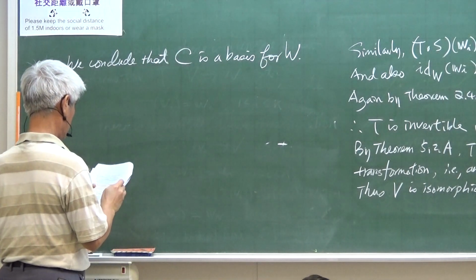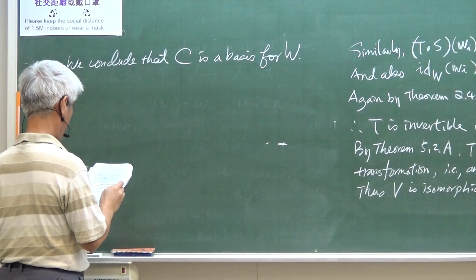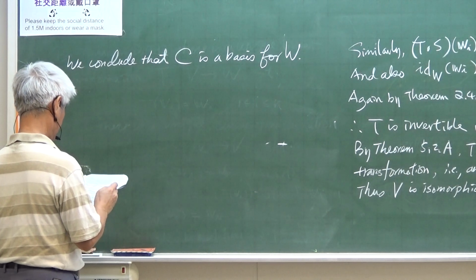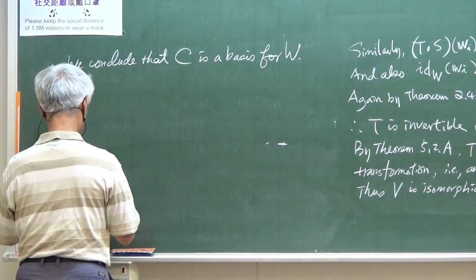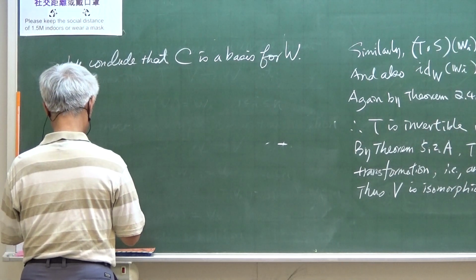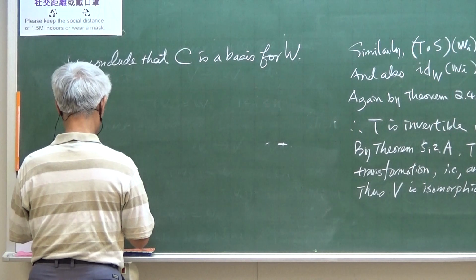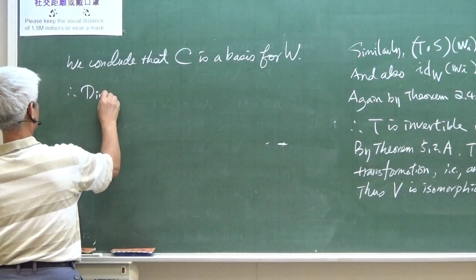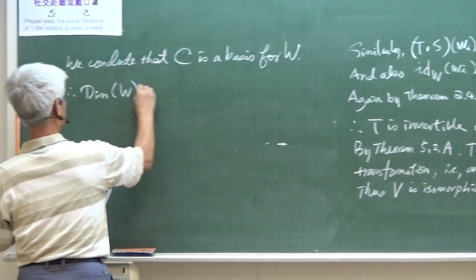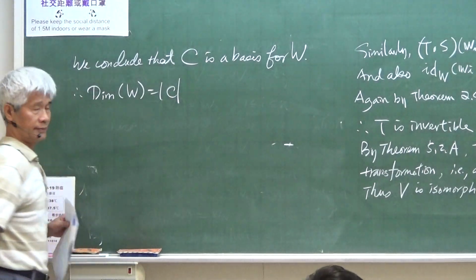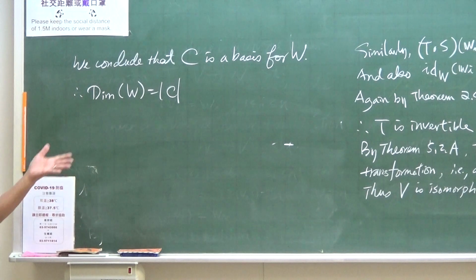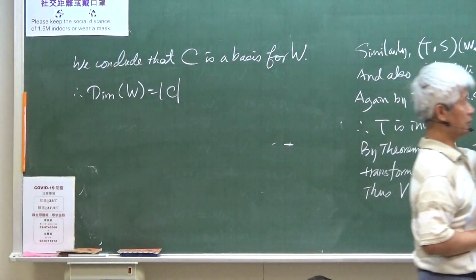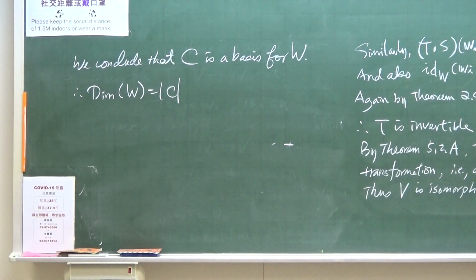C is a basis for the codomain. So the dimension of W is equal to the size of C, because we have a basis, and this basis is finite because C has only n elements.